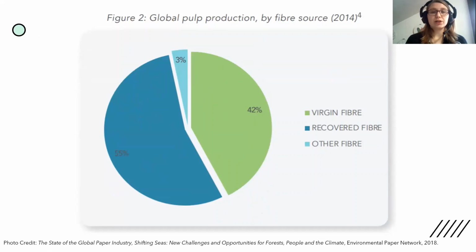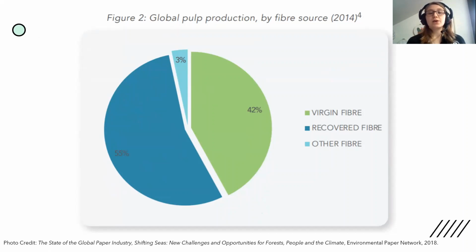And so when we look at this graphic, we can see that 55% of the material being used in paper production is actually recovered fiber, which is really great, right? We see more than half of the material is being repurposed. But we also see at the same time that 42% of the starting material is from virgin fiber, meaning that it's coming from raw materials like cutting down trees and logging.